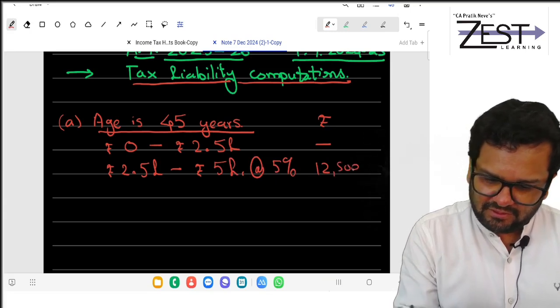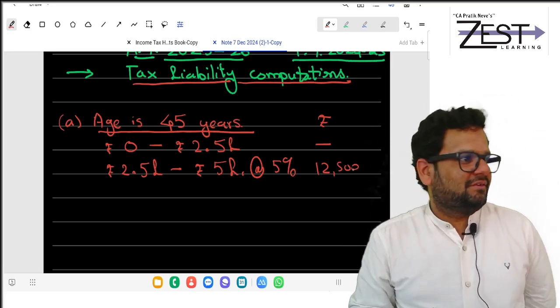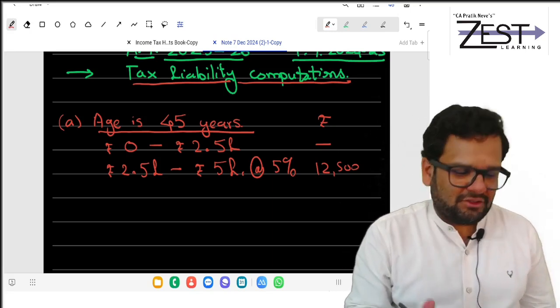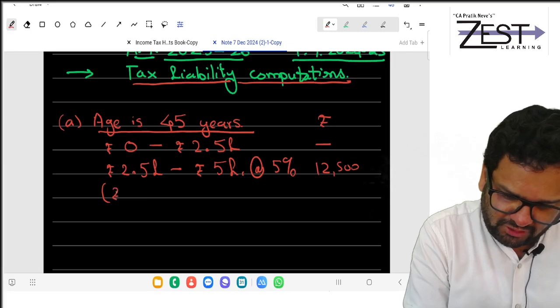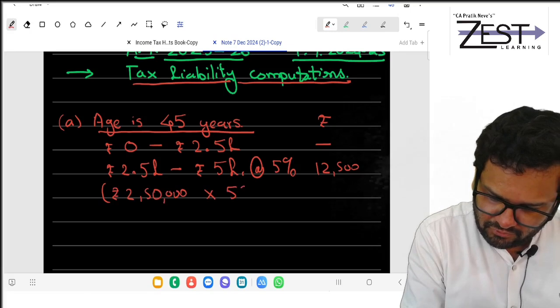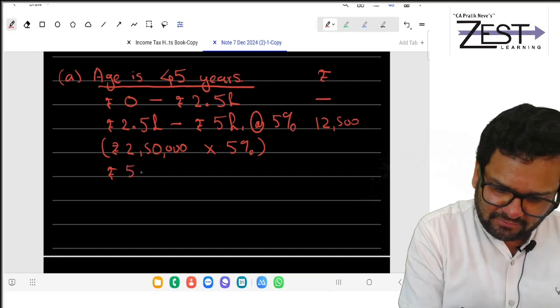Check. Between 2.5 lakhs and 5 lakhs, how much falls? 2,50,000 falls. On that 2,50,000 you calculated at 5%.